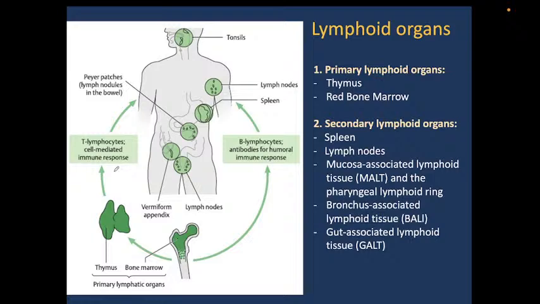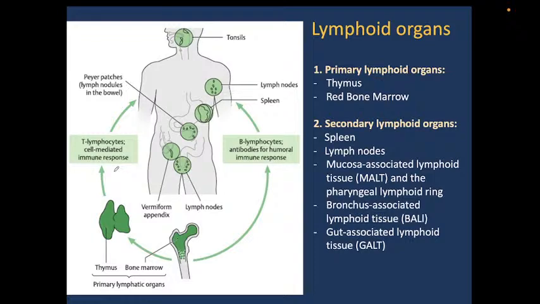Here you see the classification of the lymphoid organs. The functions of lymphoid organs include mounting a specific immune response. A distinction is drawn between primary and secondary lymphoid organs. What does it mean? The primary lymphoid organs are concerned with the production, maturation, and selection of immune cells.